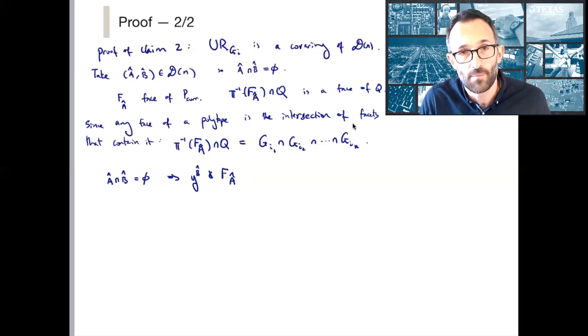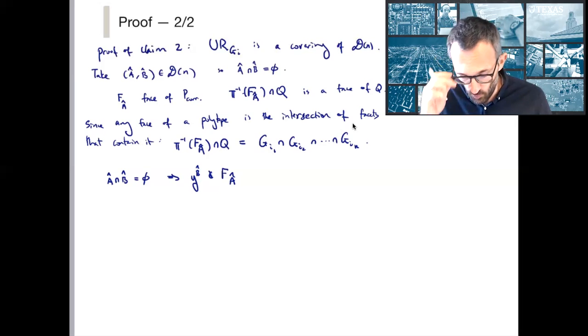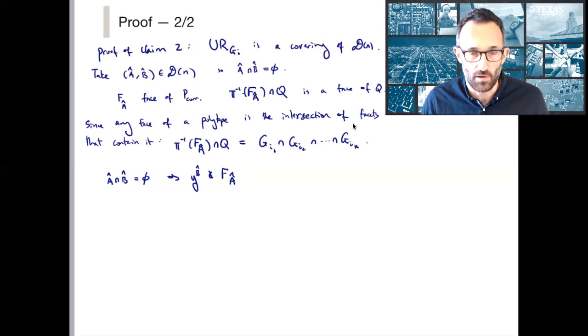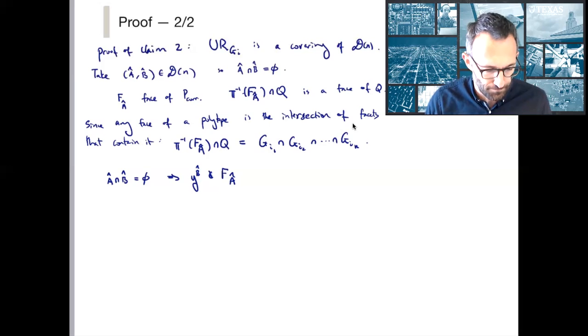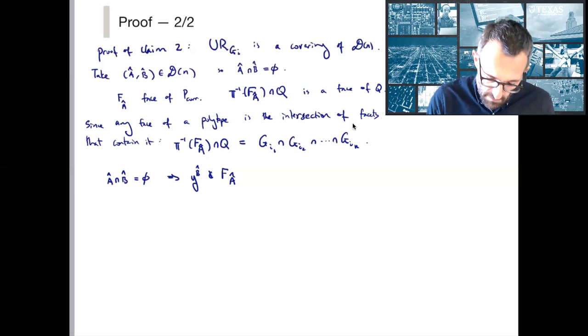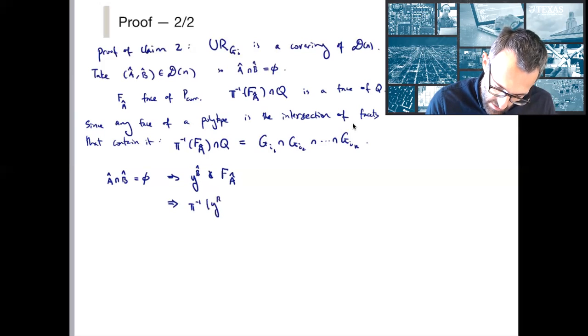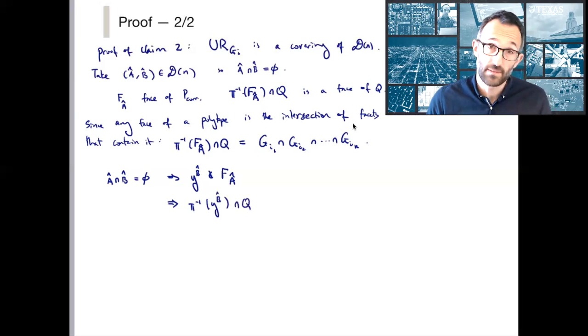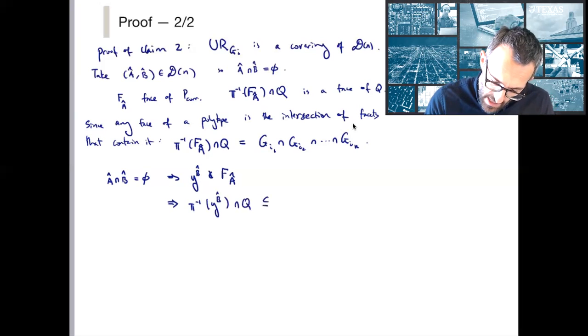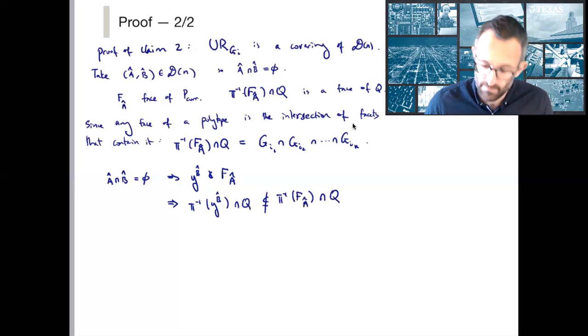In this case, A hat, B hat have no intersection, therefore YB hat is not an element of FA hat. And therefore, that means that pi inverse of YB hat cannot be fully contained in pi inverse of FA hat.